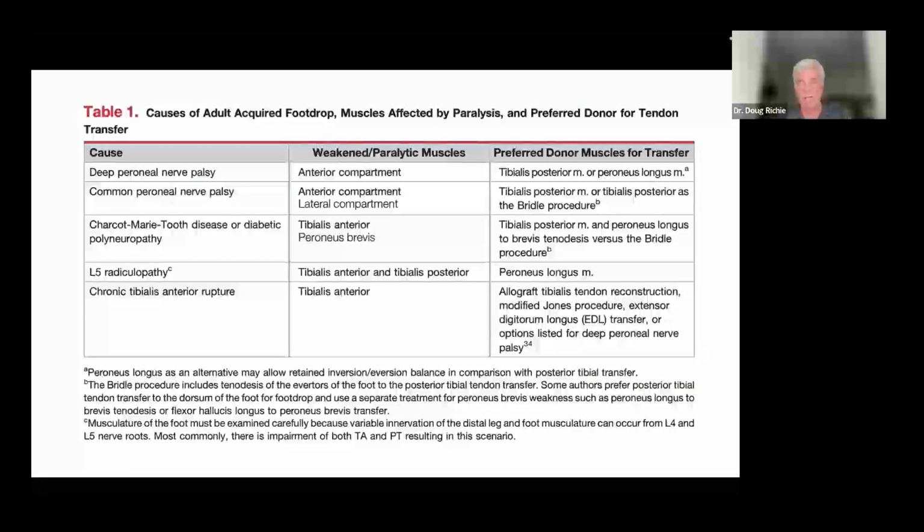And when we look at the causes of foot drop, which I've just spent a half hour going over, we realize there may be a limited number of patients who are candidates for a tendon transfer because they have to have an intact tibial nerve, intact posterior tibial tendon muscle group, and in some cases, intact peroneal muscle group without progressive muscle disease or systemic disability.